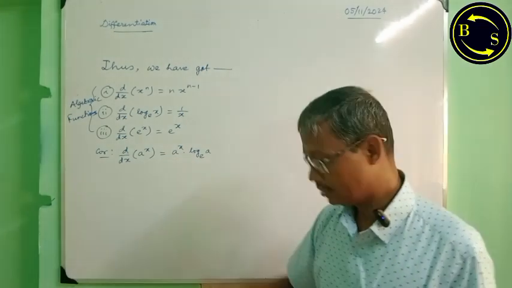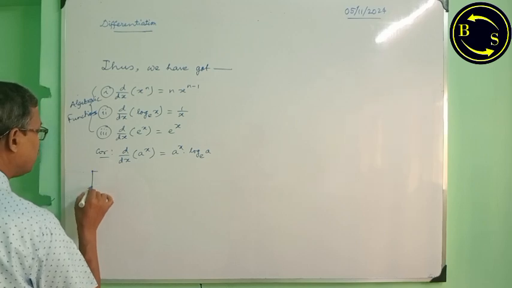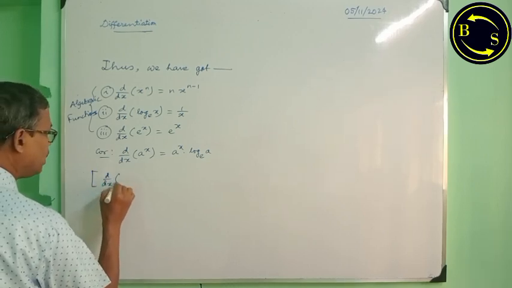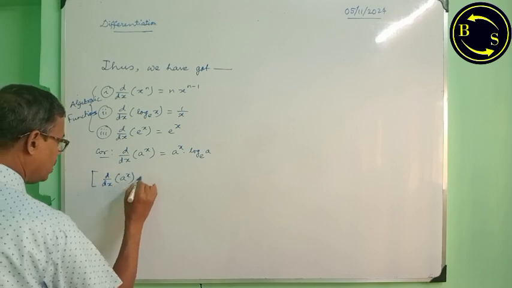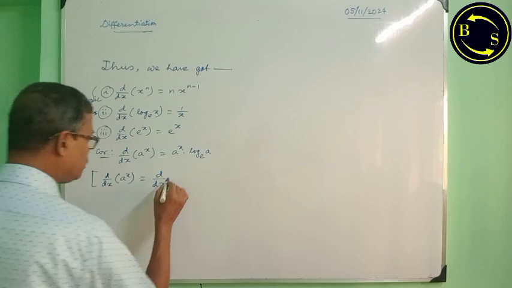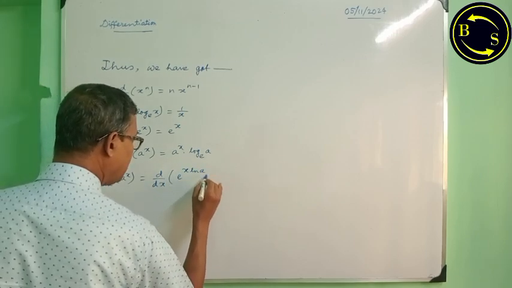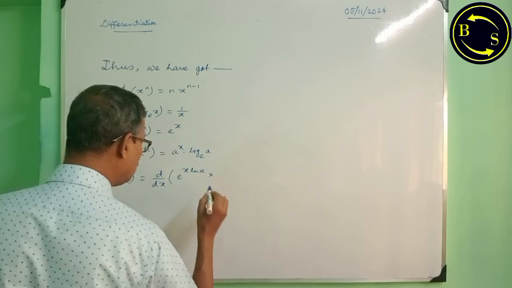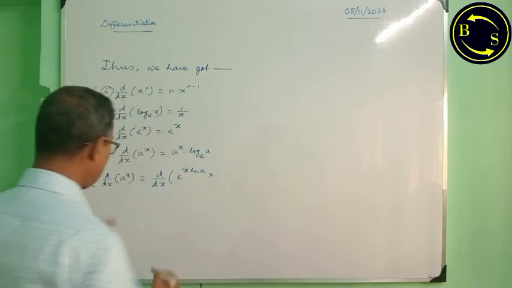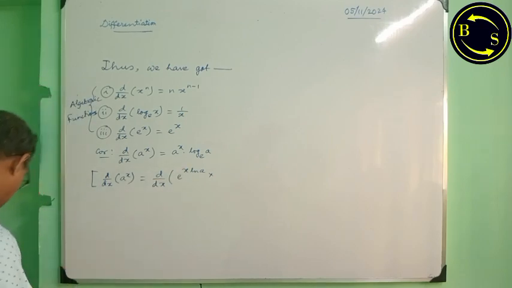Also, we can find that like this in the indirect manner: d/dx of a to the power x is equal to d/dx of e to the power x log a, since a to the power x is equal to e to the power x log a.